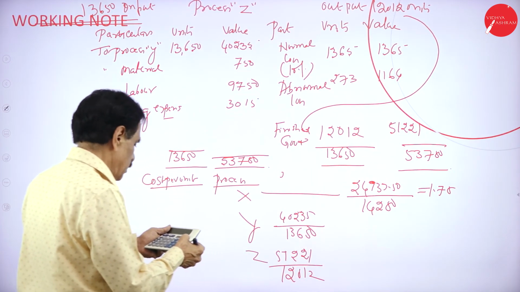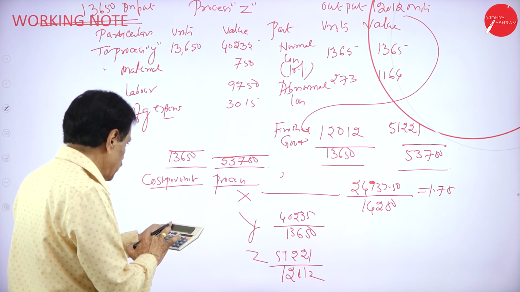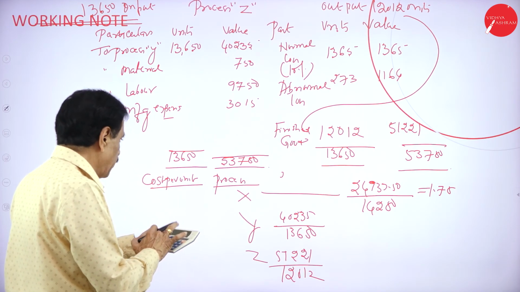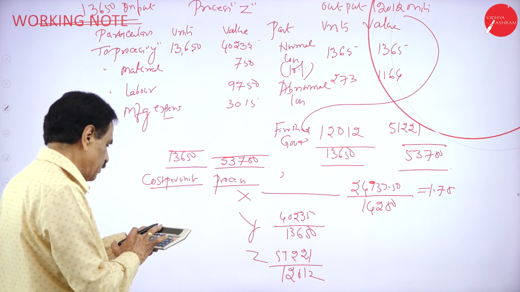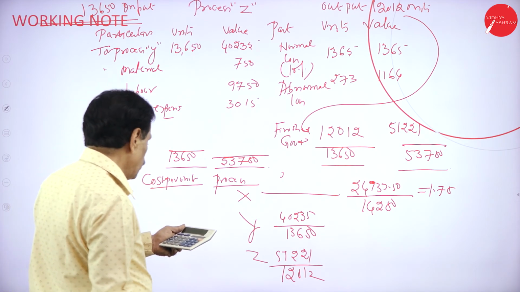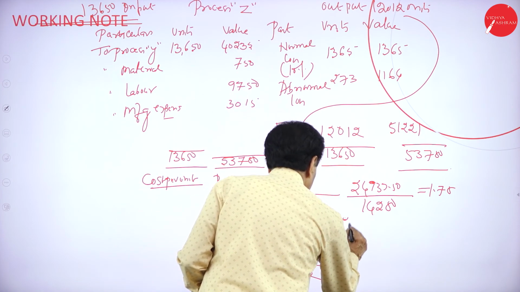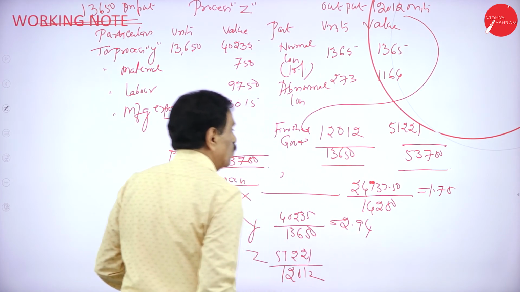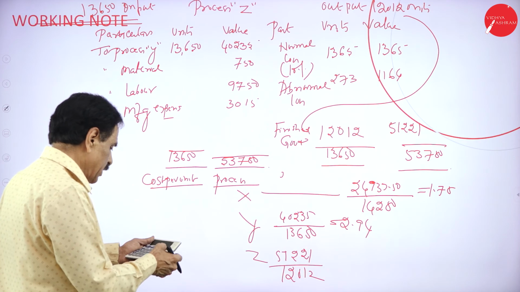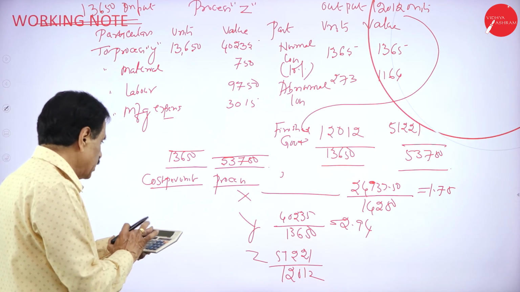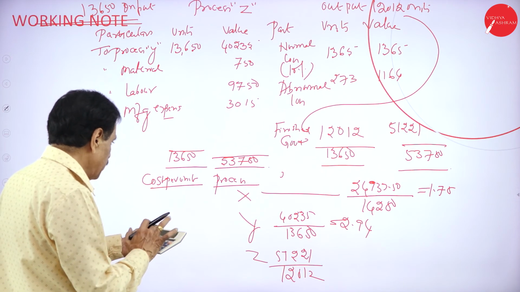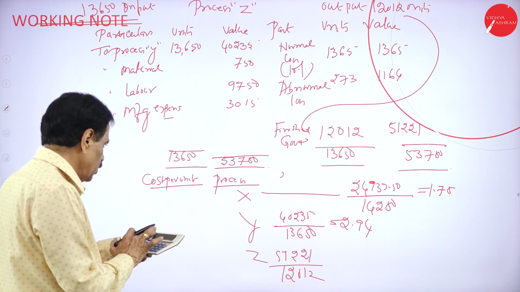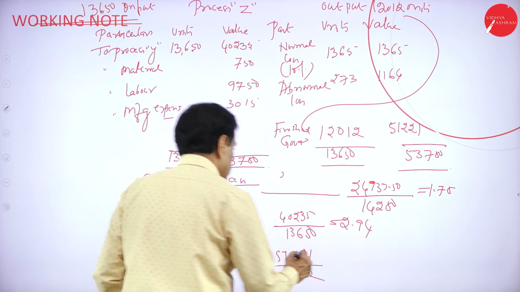Next one, 40,235 divided by 13,650 is 2.94 per unit. Last one, 51,221 divided by 12,012 is 4.26.